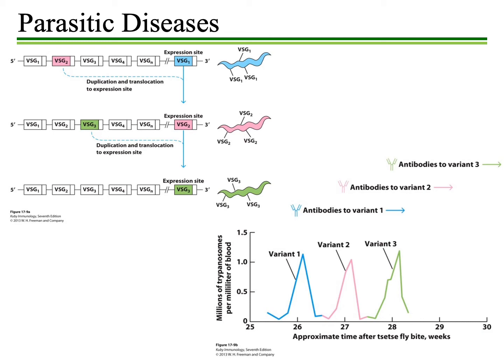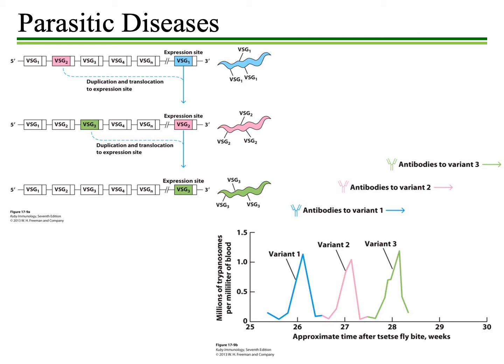Again, it is this change that causes a problem, because the antibodies that are produced against the first form, the blue form, for example, will no longer be able to interact with it, because there has been a shift in the life cycle stage to where that antigen is no longer present. Even though the antibodies have been produced, that particular antigen is no longer present.